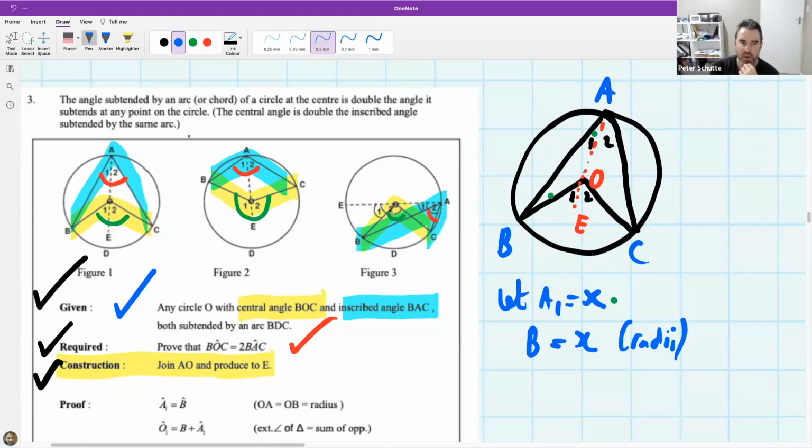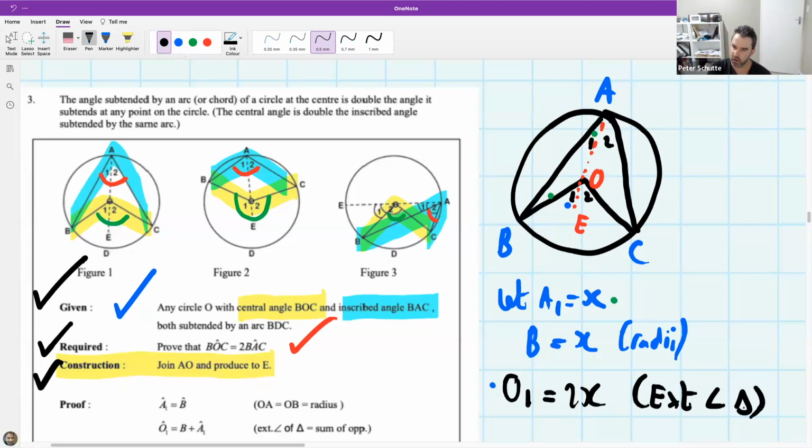All right, now what I want to know is what is the size of O1, which is the angle out here? What is O1 using the current thing that we're doing at the moment? So O1, which is the blue dot, is going to be 2x. And how do we know that? It's going to be the exterior angle of the triangle.